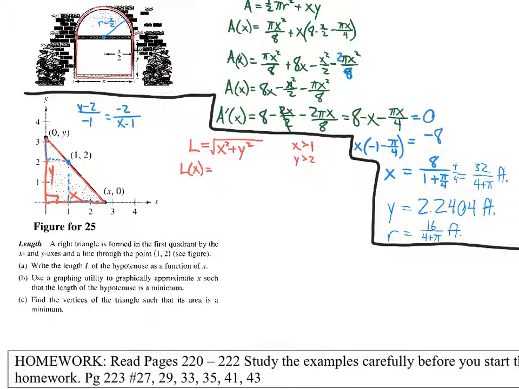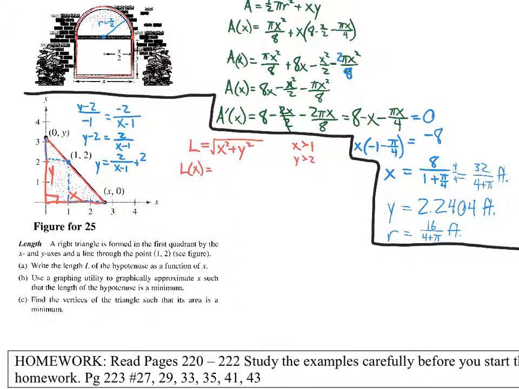We can solve this for y, and as a result, we can then plug that in over in our equation for L to make it a function in terms of x. So, first thing I'm going to do is multiply by negative 1. So y minus 2 is now positive 2 over x minus 1. And then I'm going to add 2. So y is 2 over x minus 1 plus 2.